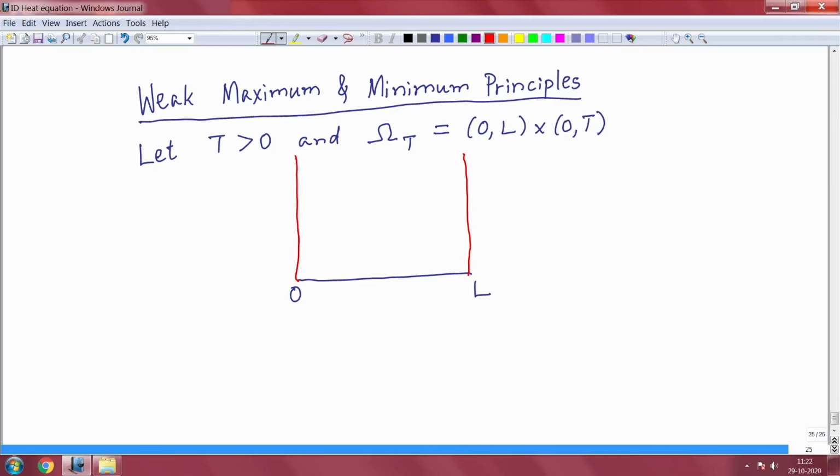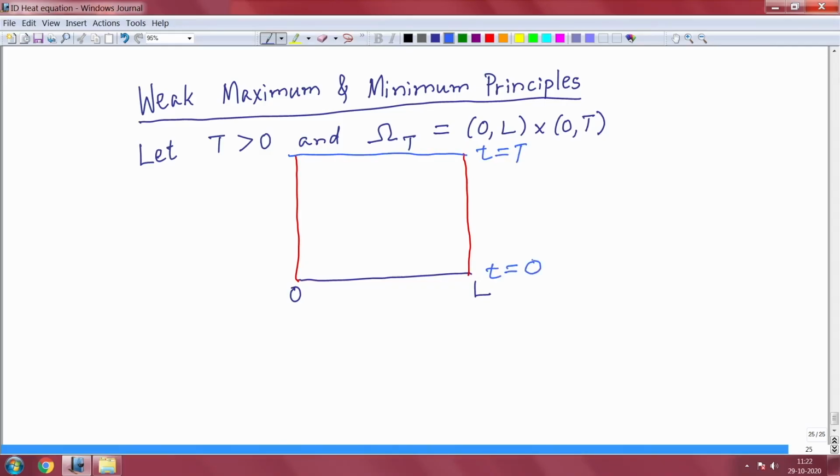And this is the level t equal to t, and this is t equal to 0.